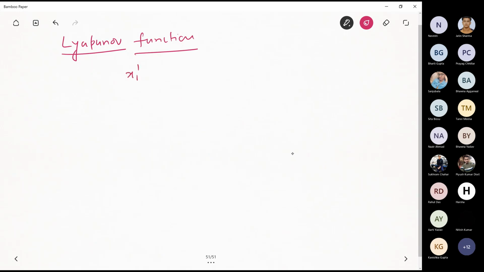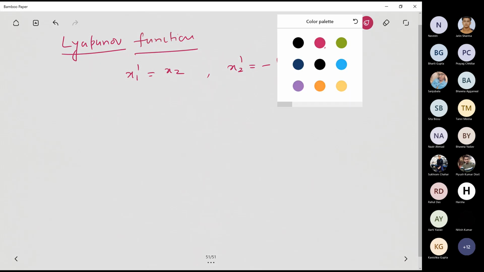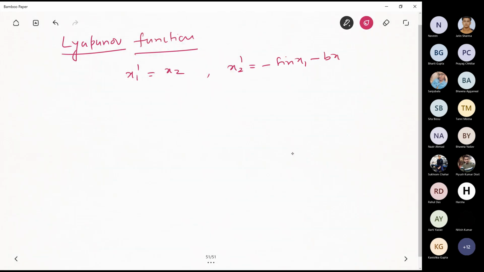You have x1 prime equals x2, and x2 prime is minus sine x1 minus d x2. Now consider there are many ways to define the Lyapunov functions. They are definitely not unique.